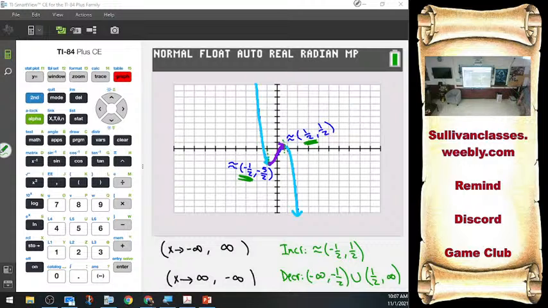But again, your numbers here are going to be different than mine. I was just ballparking it. But the important part is that you're using the x values, not the y values. When I state intervals of increase and decrease, I'm stating along what x's are my y's going up or down. Okay?